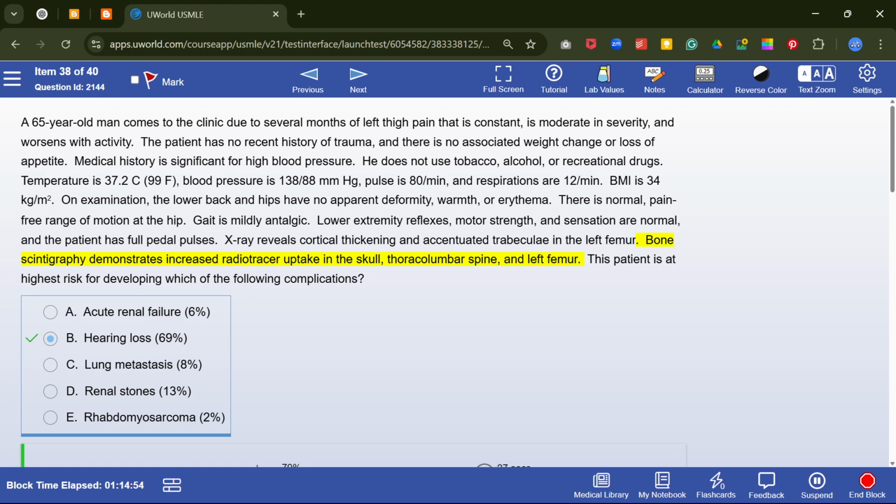I think that a bone scintigraphy finding is the important clue. Looks like Paget's disease.